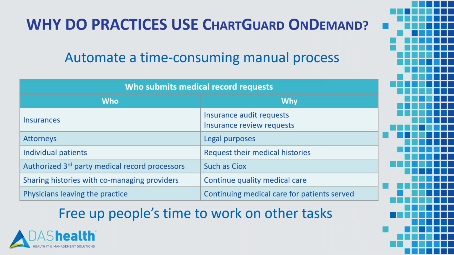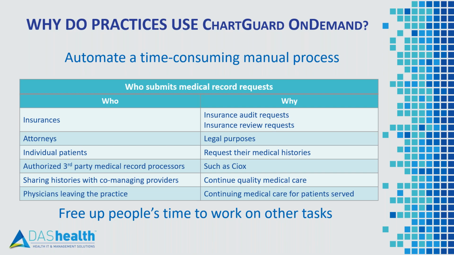So why do practices and health centers use ChartGuard OnDemand? Well, they use it to automate a very time-consuming and manual process. You receive requests from insurances, from attorneys, from individual patients, and even from your own internal staff. What you see up here is just some examples of why requests come in for medical histories.